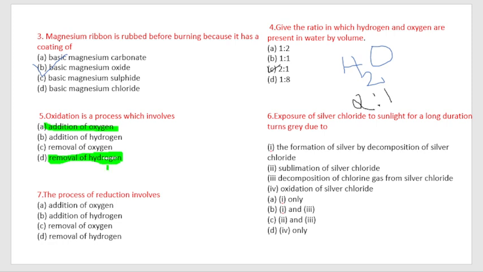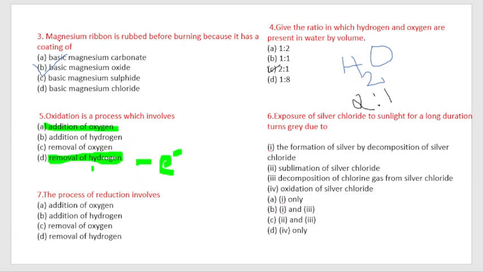Addition of oxygen and removal of hydrogen is called oxidation. One more definition is there. Oxidation can be defined as removal of electrons. Similarly, reduction can be defined as addition of hydrogen, addition of electron, removal of oxygen.